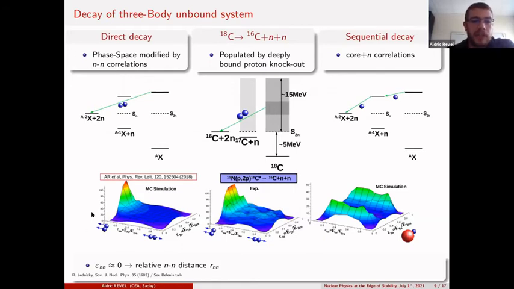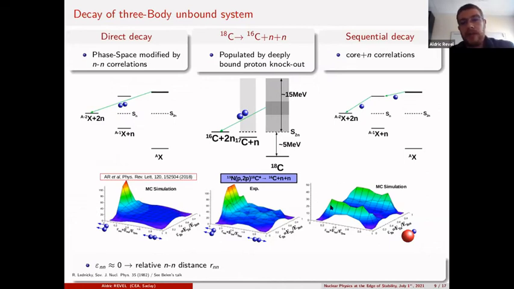And here in the bottom, I show what this can look like in the case where we consider S-wave, as was discussed by Belen, where I use this simple model where we can link the signal at low epsilon nn to the relative neutron-neutron distance of the source considered.